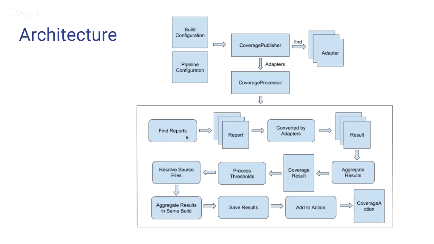We will first find the reports and then convert those reports, aggregate those results into a coverage result object and process thresholds, resolve source files, and aggregate results in the same build. Then save the results, add results to the action, and return the coverage action to show the coverage result.